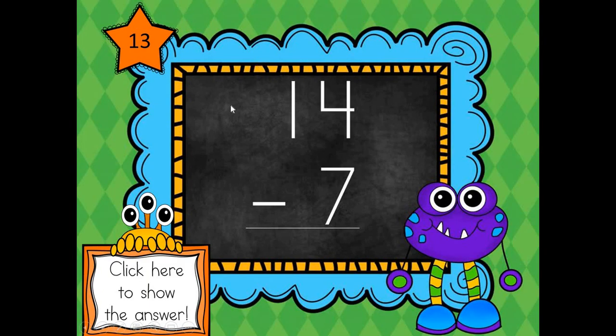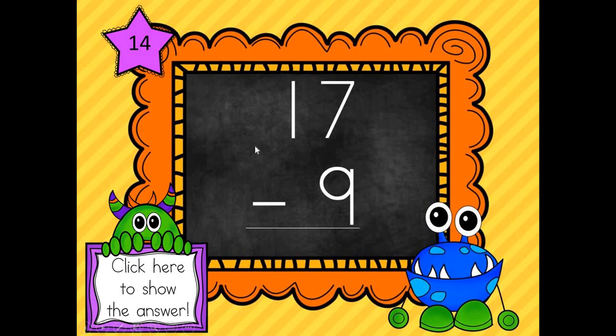All right, what about 14 take away 7? Did you get 7? Good. And then we've got 17 take away 9.